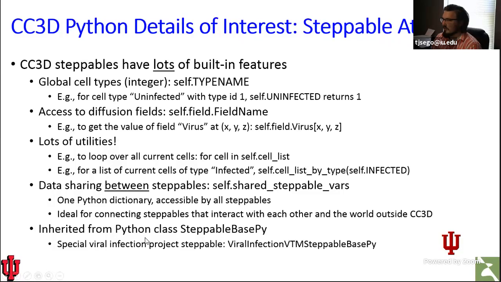For the framework that we've been developing for this particular project, we've been developing a specialized base steppable class. This is an extension of SteppableBasePy. You'll notice that most of the steppables will inherit from this Python class called ViralInfectionVTMSteppableBasePy. So in addition to all of these features that are defined for general CC3D steppables, we also have additional features that are defined on this base Python class. We'll use some of those today.